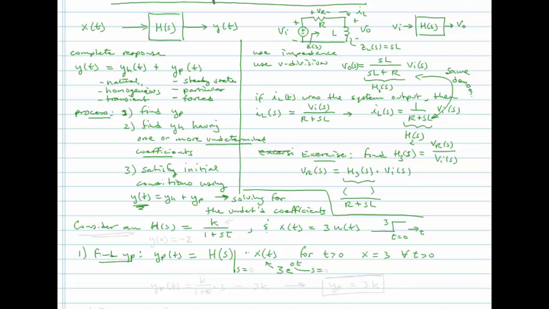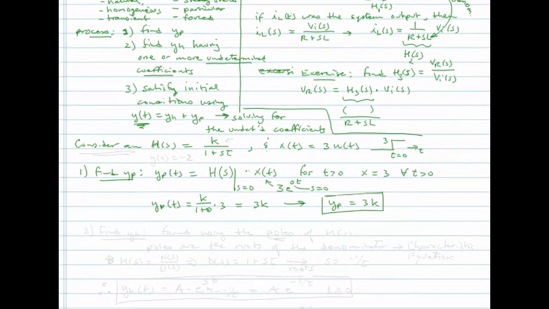In other words, s is equal to 0 in this case. So we're going to evaluate our transfer function at s equal to 0. And now we have this trivial case that y sub p of t is going to be equal to k over 1 plus 0 times 3, or in other words, 3k. So our particular solution is just 3k. Now things get a little more interesting when we do a sinusoidal excitation, and we'll do that here in a moment, but I'm going to finish working through this problem with this simpler excitation first.